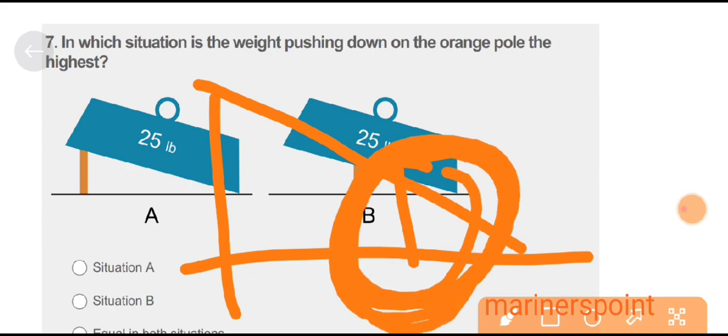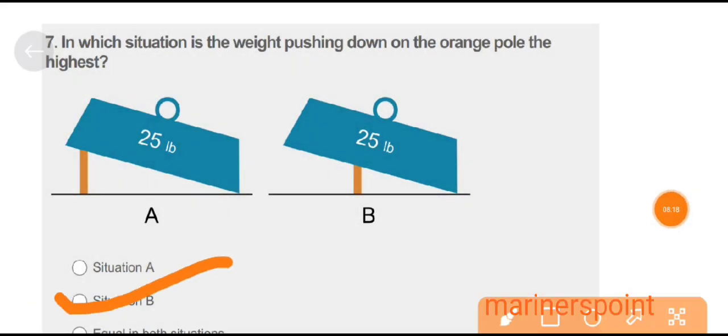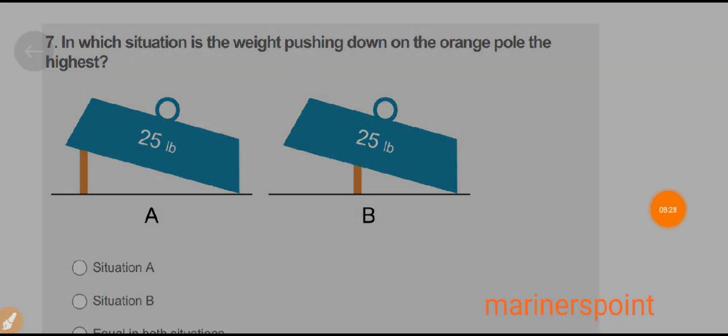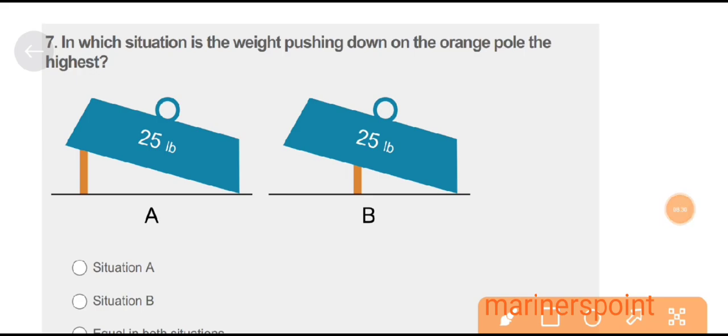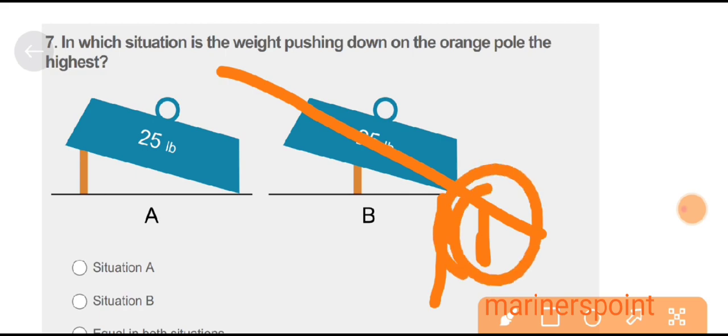So the right answer will be situation B. In this condition the weight pushing down on the orange pole is highest in situation B. This is a basic question. Let us assume this is a ladder, and where will the weight be pushing? Obviously at the bottom, the weight pushing is more.